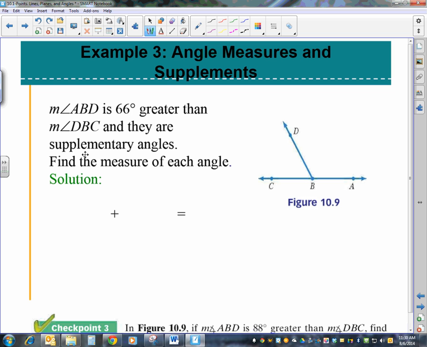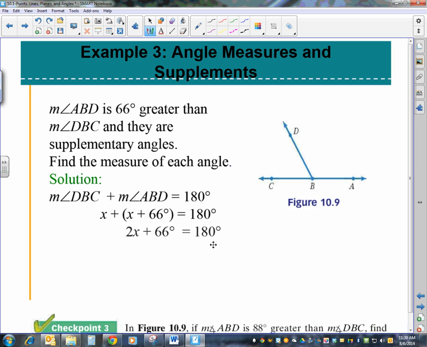But if the angles are supplementary, then we know that ABD plus DBC have to add up to 180 degrees. DBC we don't know, so we're going to write the letter x. ABD is 66 greater than x, so we write x plus 66. Still 180 degrees. We simplify the two: x plus x is 2x, and carry down the 66 and the 180.